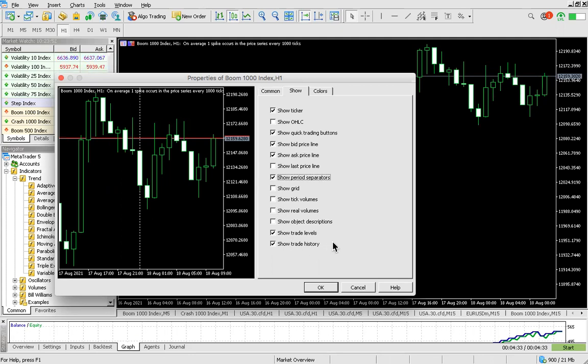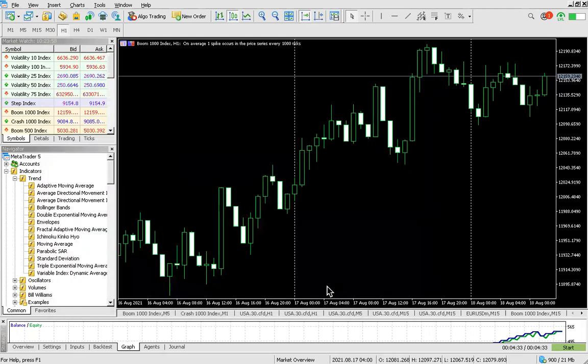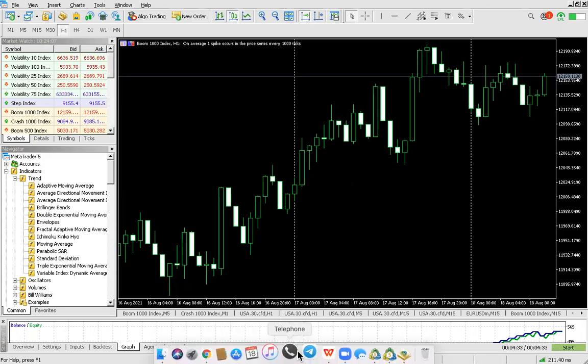Okay, so what we want to see is the gap or the separator between days. So click on OK. Now we have the period separators.